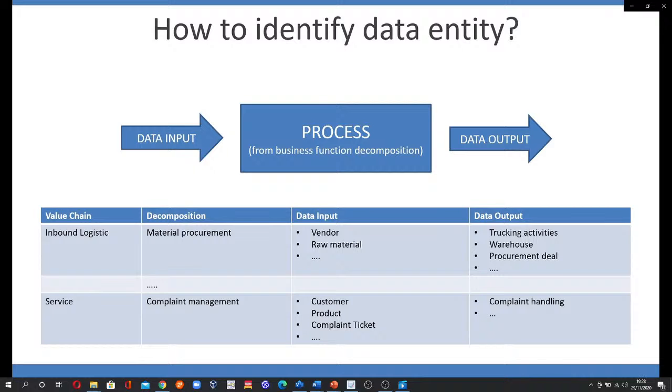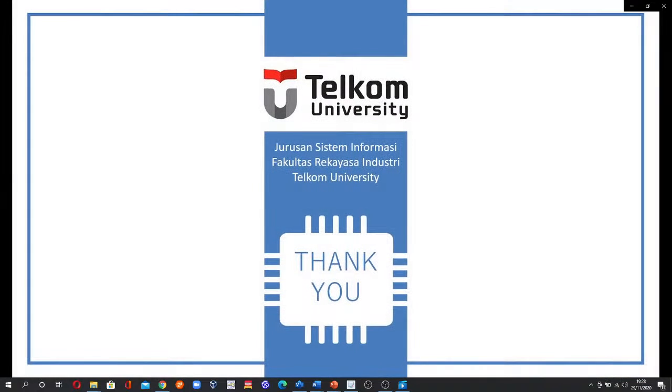If you have, for example, 5 business processes, and for each there are 5 sub processes, we have to define 25 sub business processes, 25 analyses using an approach like this. This is the simple method we can use to define the data entities for each sub business process. Thank you for your attention.